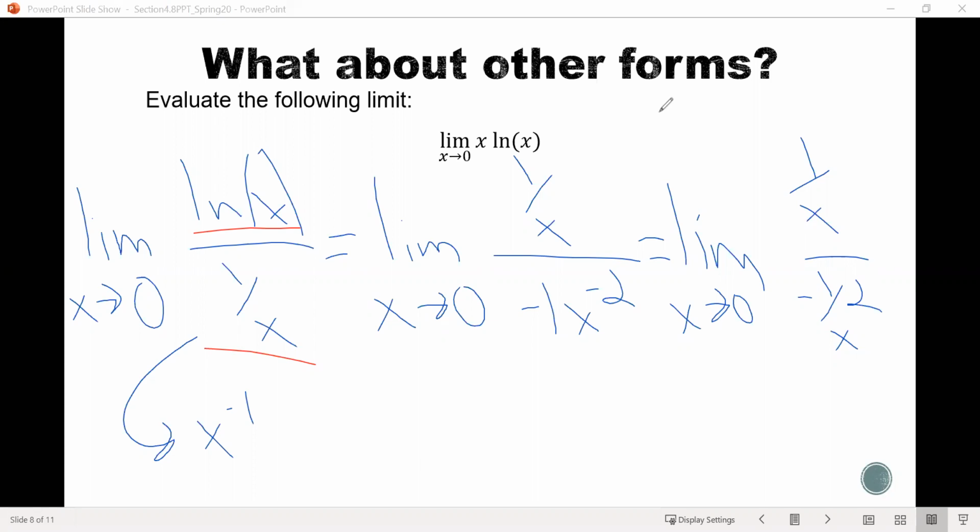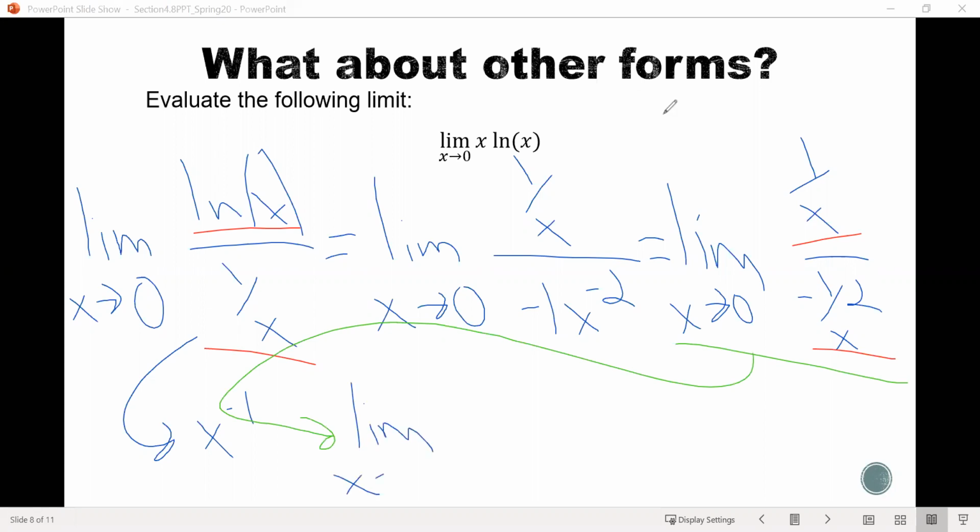And then again, we are now dividing with two fractions. So I have 1 over x on the top, negative 1 over x squared on the bottom. So if we rewrite that now, this will become the limit as x approaches 0 of the first thing, 1 over x, times now the reciprocal of the second thing, which would be negative x squared over 1.